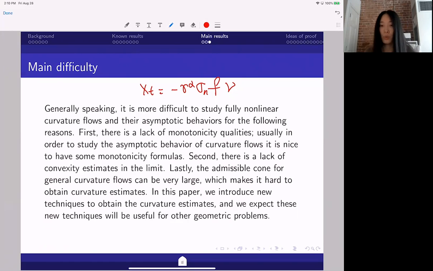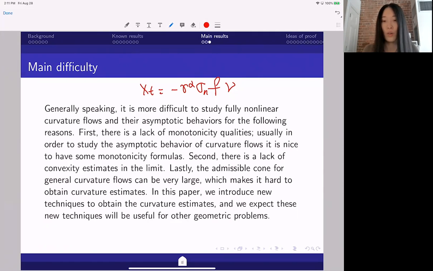Ideally we would want it to become convex because it would simplify the analysis of the shape of the singularity. However, for general curvature flow, that's not true.